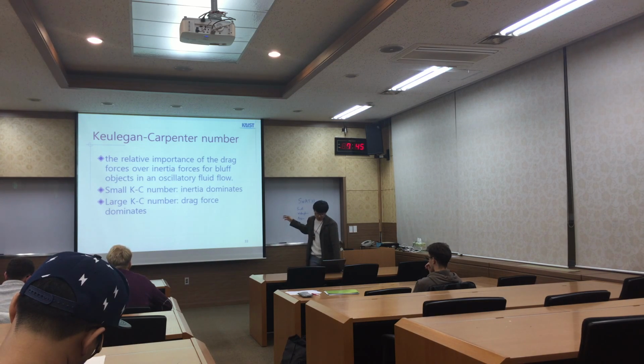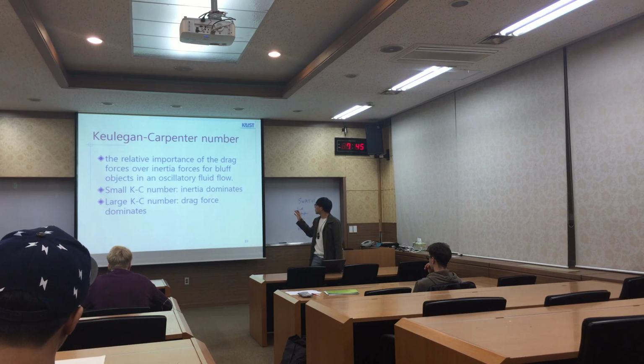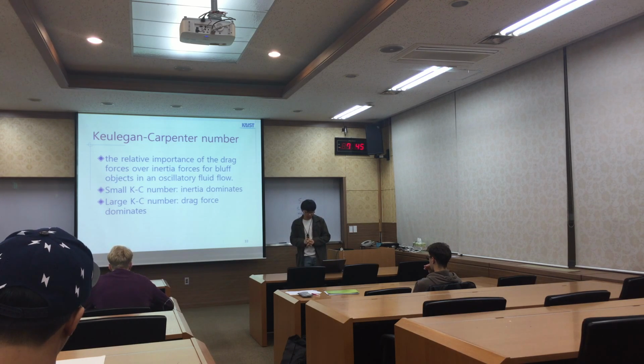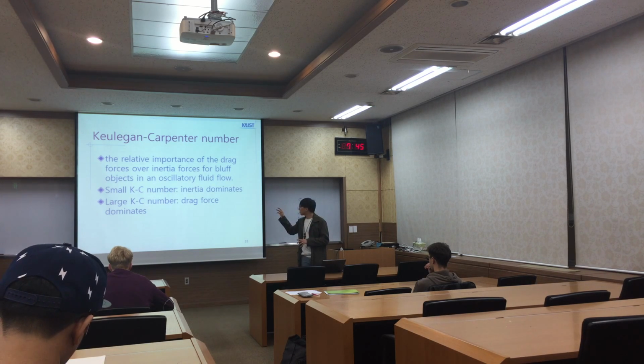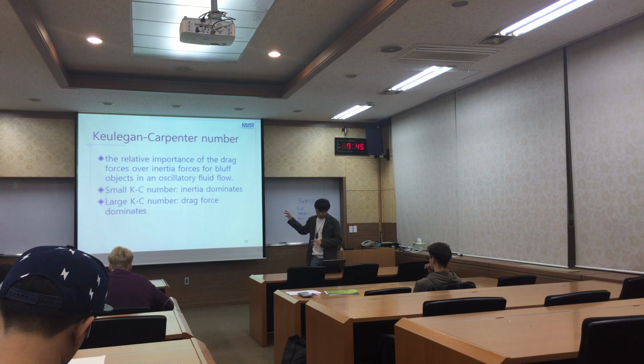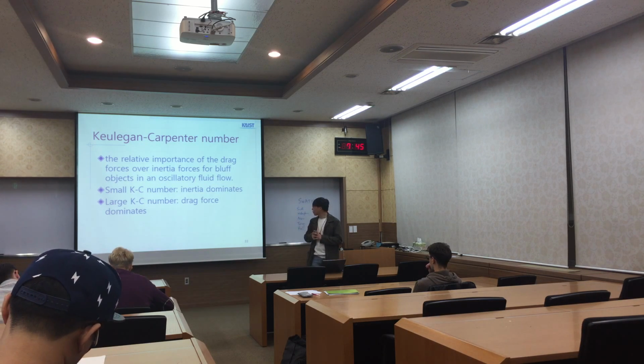This explains the relative importance of the drag forces over inertial force on bluff objects in an oscillatory fluid flow. When there is a small Keulegan-Carpenter number, the inertial force dominates, and with a large Keulegan-Carpenter number, the drag force dominates.